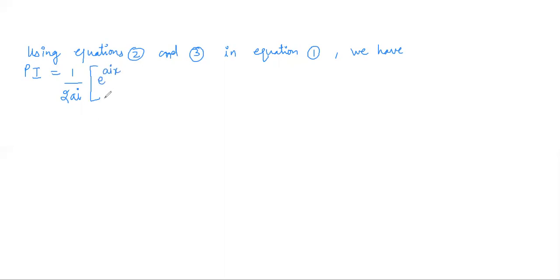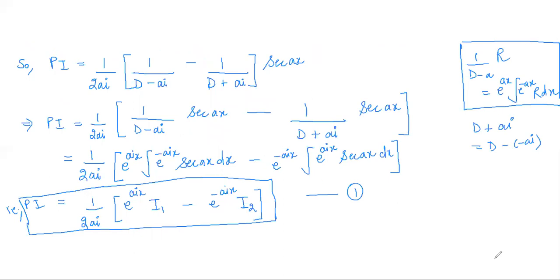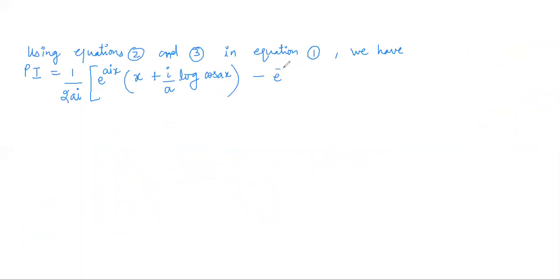Then the integral I1. I1 is x plus iota by a log cos ax minus, we can see here equation 1, we have minus sign here, minus e raised to power minus iota ax, and I2 is, in equation third we have I2, x minus iota by a log cos ax. This will be the form of particular integral.